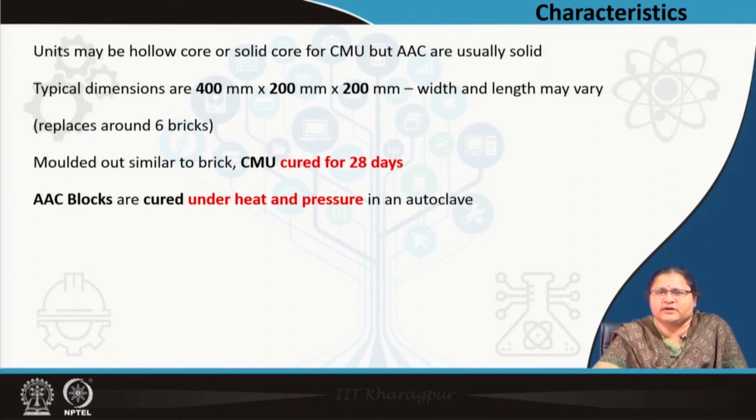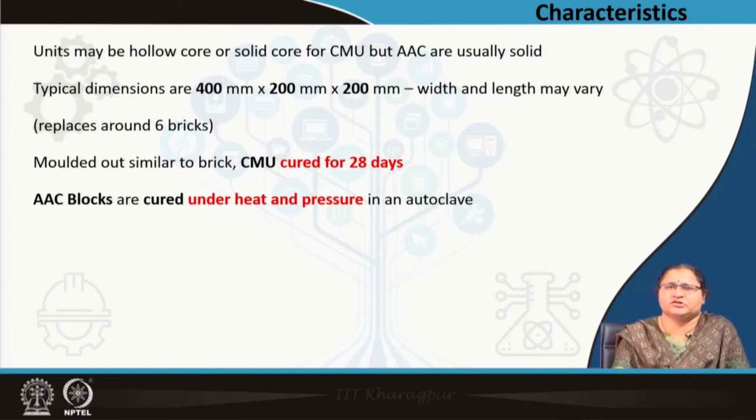So, this autoclaved aerated concrete block is cured under heat and pressure in an autoclave. So, this is the major difference, and we will come to the composition also, where you will find it is quite different from the CMU.